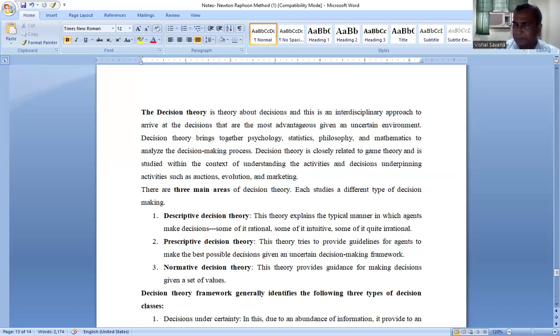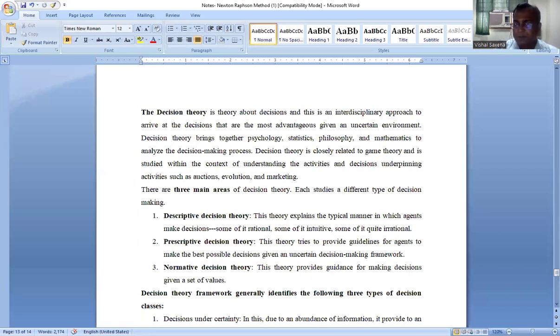So this is the first kind of decision theory, where the researcher or agents make decisions that are rational, intuitive, or quite irrational.